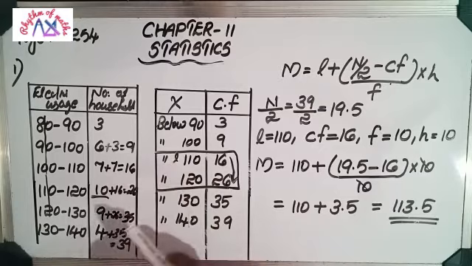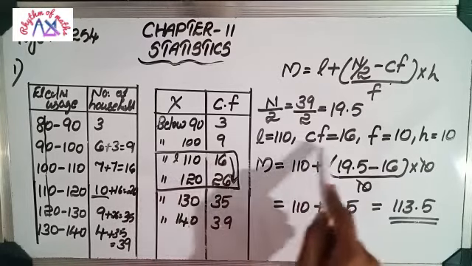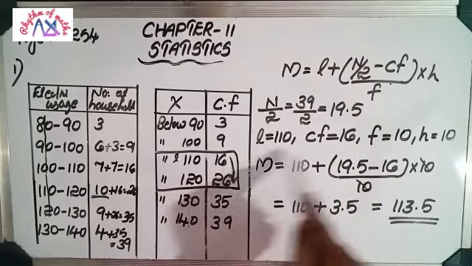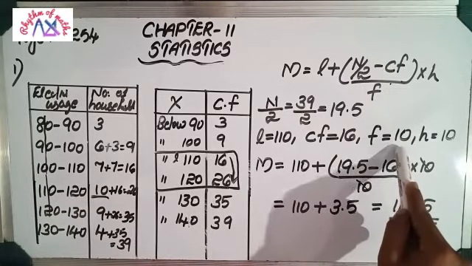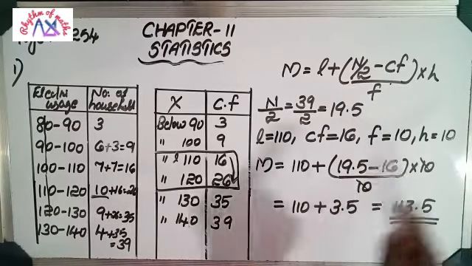So L will be that value. Cumulative frequency means that value is cumulative frequency. So 60. Frequency means just the difference of these two, or this class interval's frequency in the question. That will be frequency. Width of the class means difference of these two, that is width.